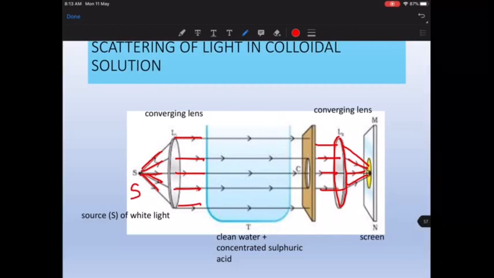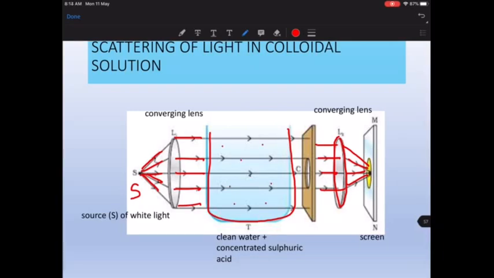Now, in between, we have taken a tumbler, and in this tumbler, we have added clear water plus some concentrated sulfuric acid. Now, what is the point of adding sulfuric acid? Sulfuric acid has sulfur particles, and these particles are strong enough to scatter the white light which is incident, correct?